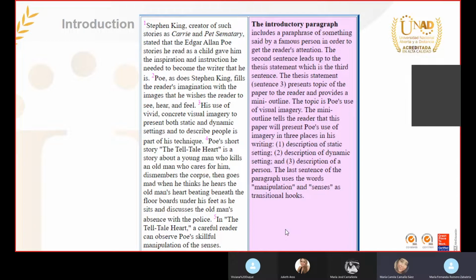Teacher, what is the meaning of beneath? Beneath is under, but also between something. For example, have you heard that phrase that says beneath the skin?